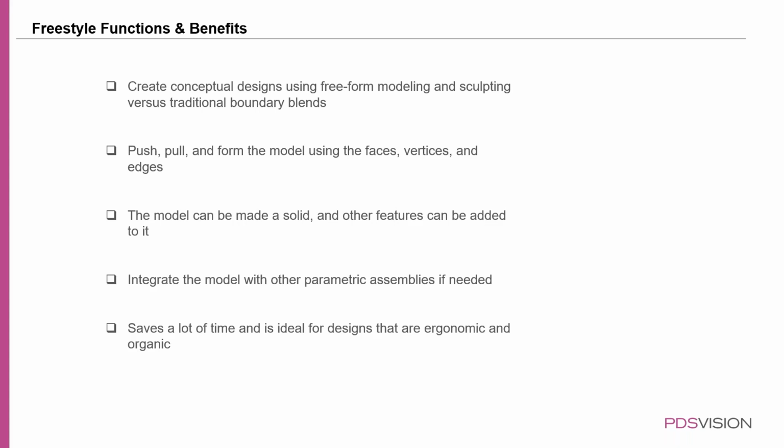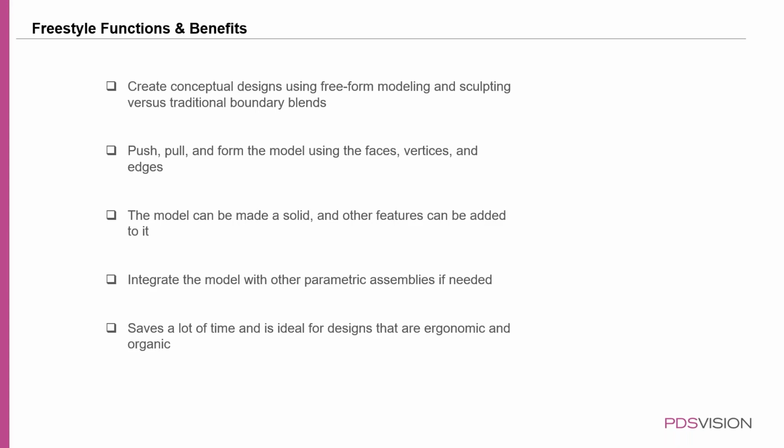I'd like to point this out now. Freestyle models are not in and of themselves parametric, but you can integrate the model with parametric assemblies if needed. Keep in mind the Freestyle tool is really best used for design concepts that you want to be more fleshed out and have a finished look to them, more so than using them necessarily for parametric assemblies or parts.